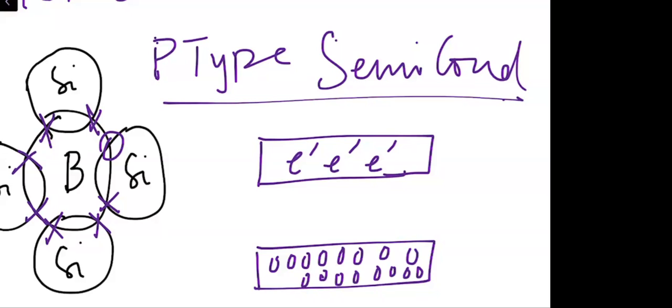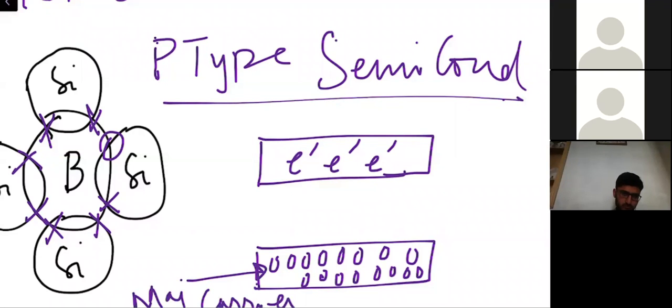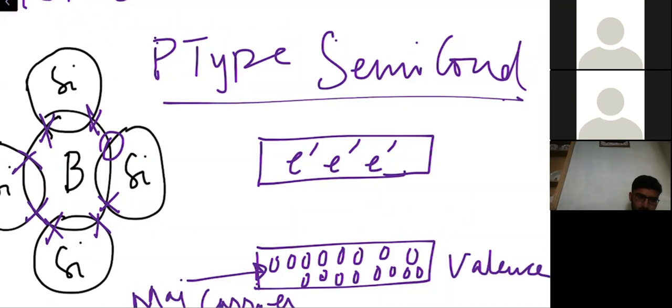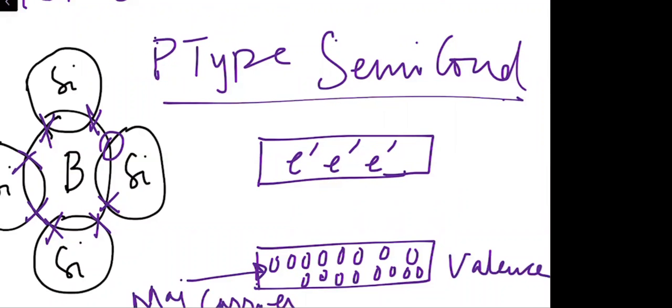The holes here in the P-type semiconductor, which are available in the valence band, are called the majority carriers.